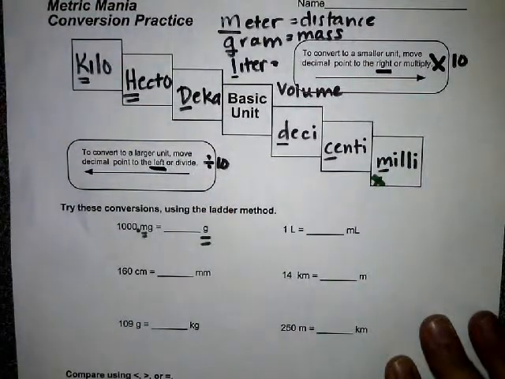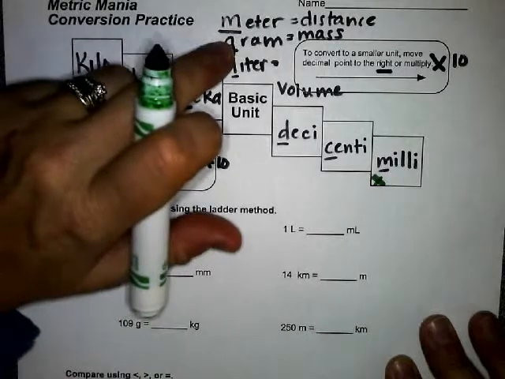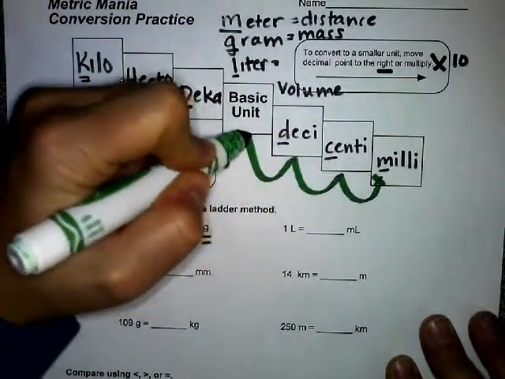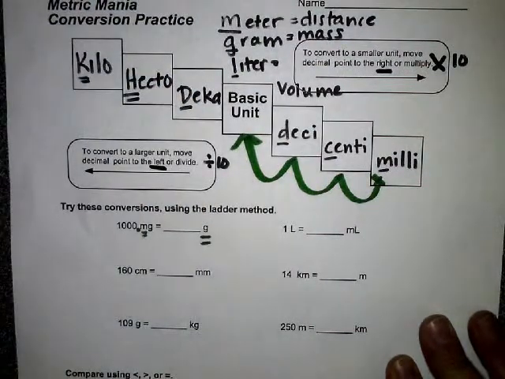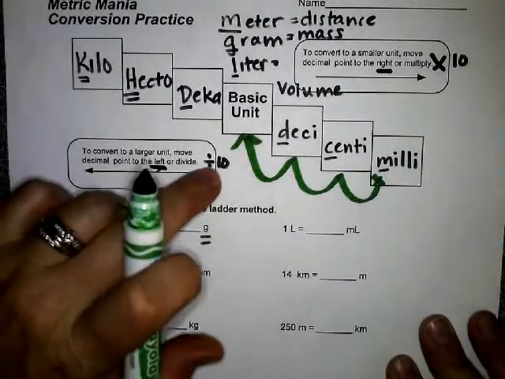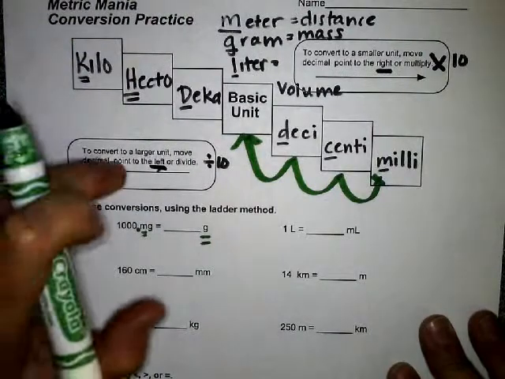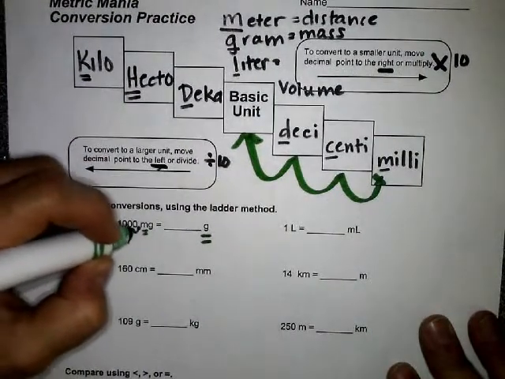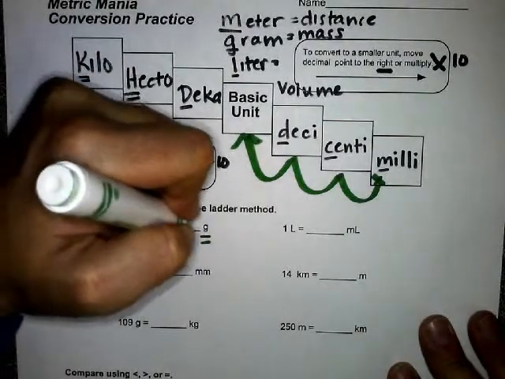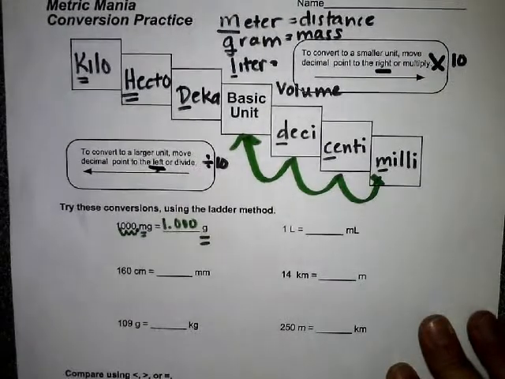In this case, it's at the milli, so I put an X. We're going to the gram, which is at the base unit, so I'm going to go 1, 2, 3 steps. My decimal point is going to the left, so I'm going to divide by 10 3 times, or just move my decimal point 3 spots to the left. And I get 1.000 grams, or simply 1 gram.